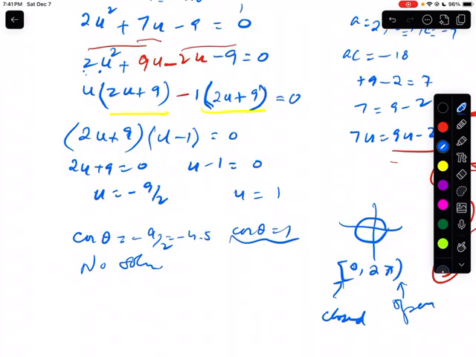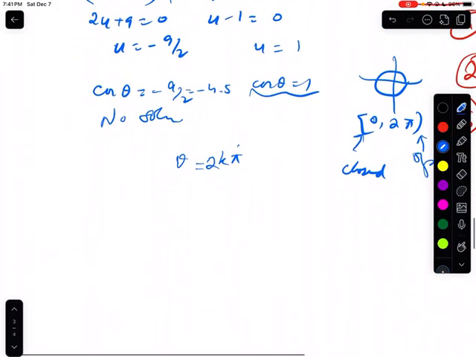Okay, so now we end up getting cosine of theta is equal to 1, so we end up getting theta equals 0 plus 2k pi or just 2k pi. So this is the general solution.